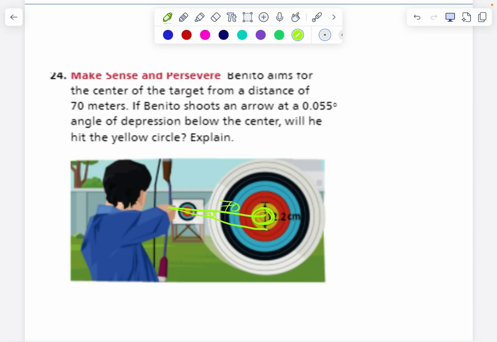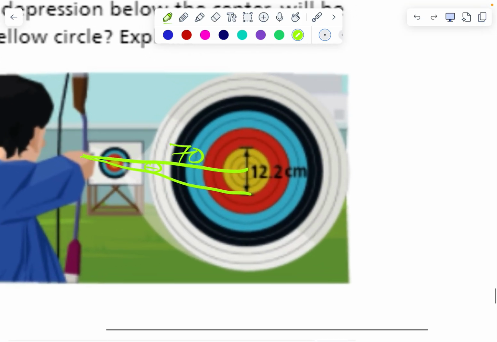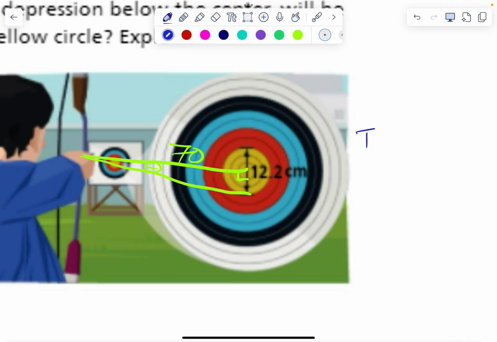Looking directly at your target, what kind of angle are you making with the target? That's 90 right there, right? You're looking perpendicular to your target. So this is what? Trig ratios. Which one? Our x, by the way, would be this length right here. Our angle, you can't see where I wrote it, but it's up there. Which trig ratio? Tangent, yep.